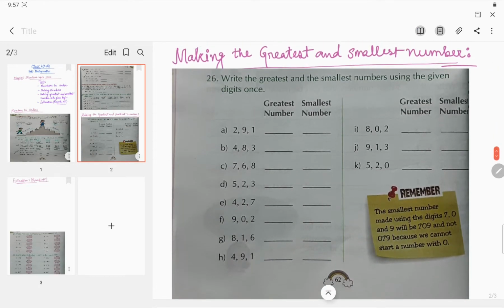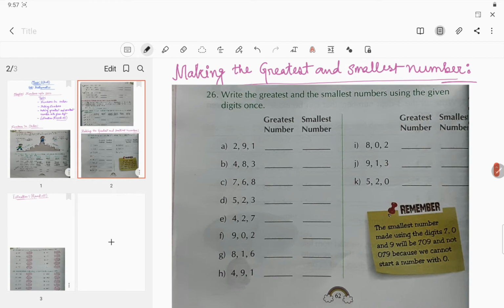Now on the next page, making the greatest and smallest number. So you have to make the greatest number and the smallest number. This is the important part. At first I want to make the greatest number.